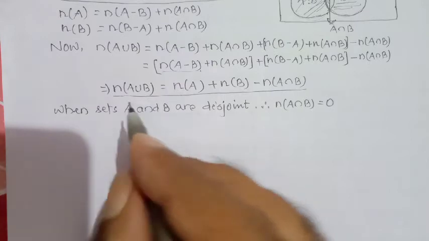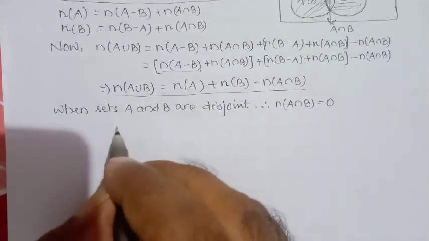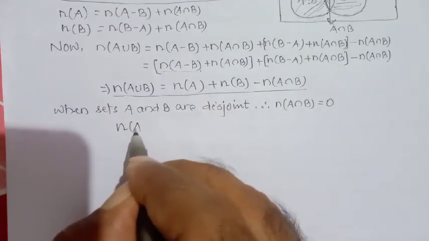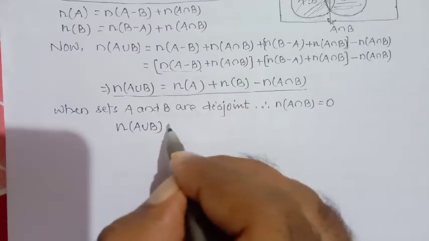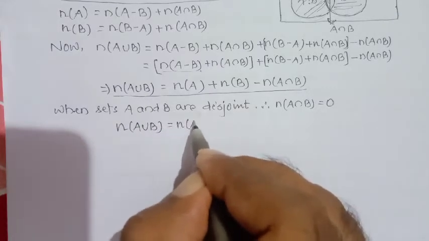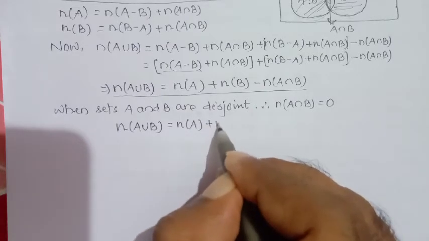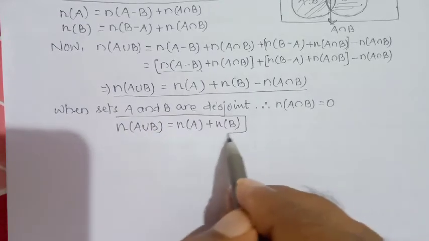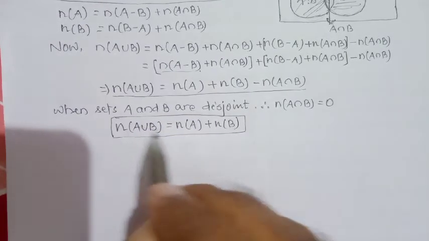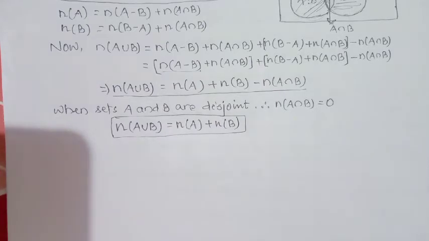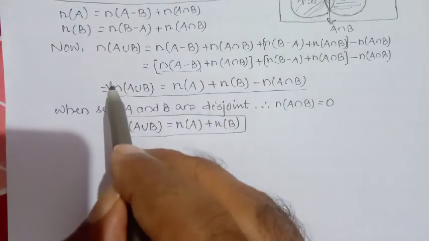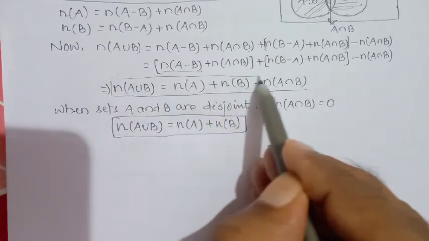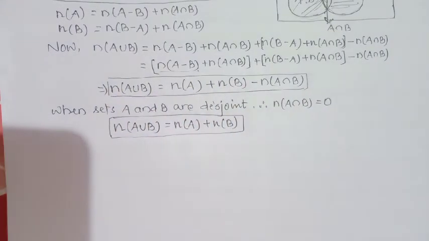In that case, the above formula reduces to number of elements of A union B is equal to number of elements of A plus number of elements of B. This is applicable only for disjoint sets, and the earlier one is applicable for intersecting sets. Intersecting sets means they have at least one element in common.